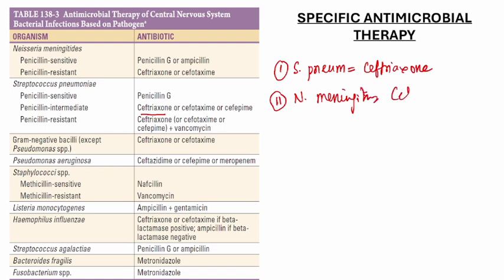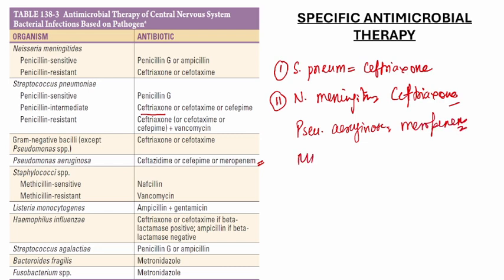It is ceftriaxone again. Then what is active against Pseudomonas? It is meropenem. What is active against MRSA? It is vancomycin.